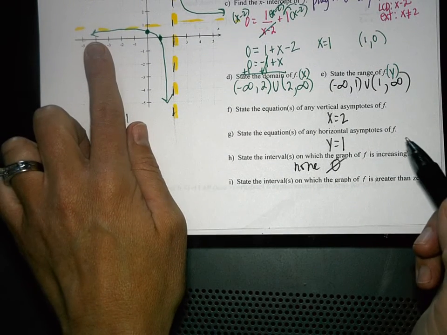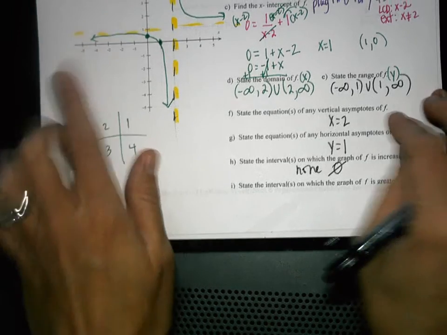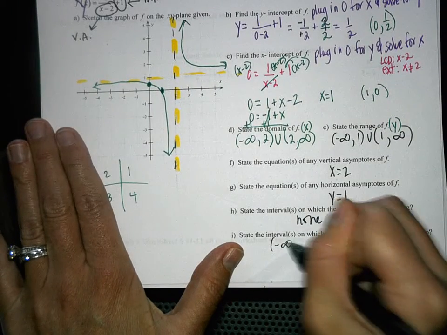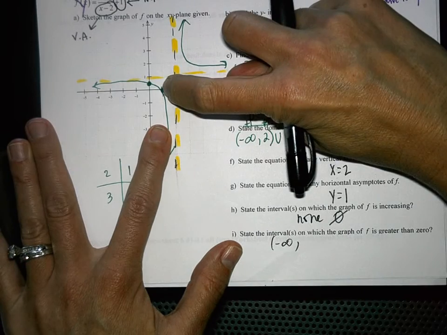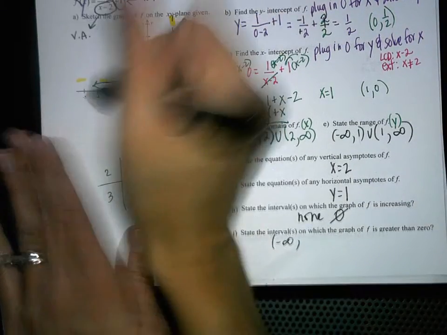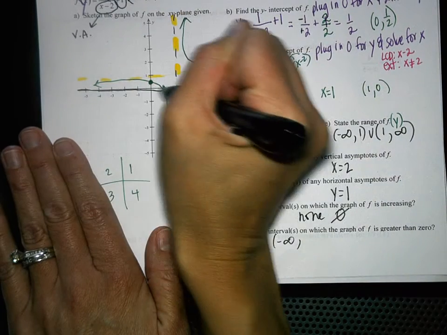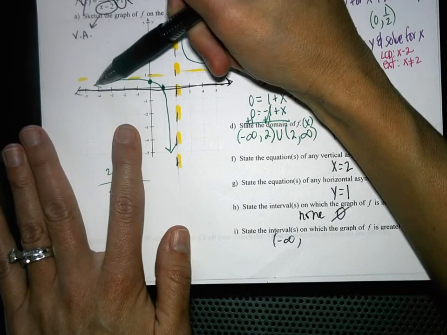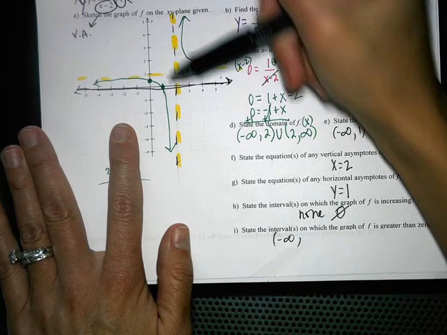Negative infinity to 1. This line right here, the x-axis, that's your 0 mark. It is above 0 from negative infinity until you get to 1.